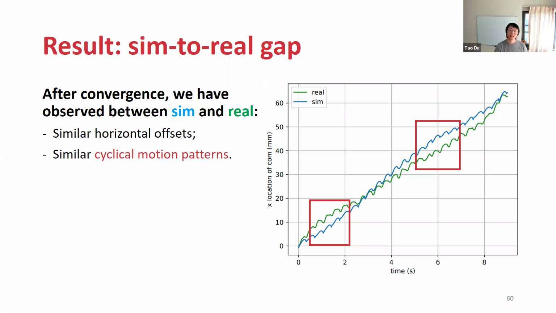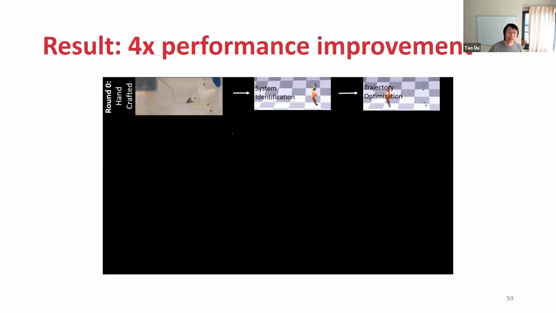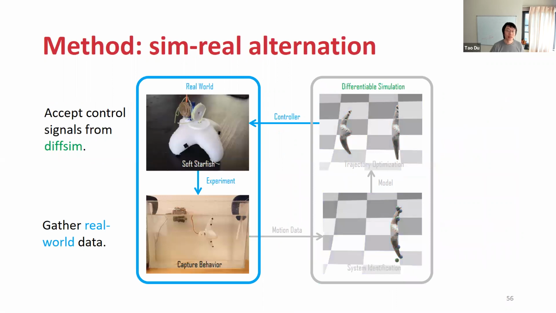Yeah. So in terms of the samples, I'm not sure whether we have the same definition of a sample, but let me just explain how much data we need when conducting this experiment. For the real world experiment, we captured about 30 seconds of the motion sequence, and we are using about 30% of the motion sequence to train, or maybe it's not accurate to call it a training algorithm, but to optimize the system identification and trajectory optimization.